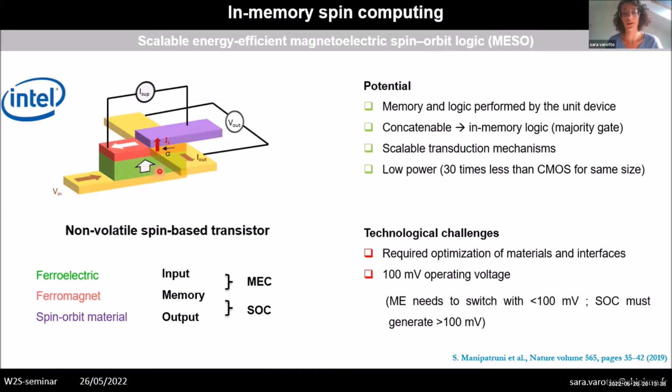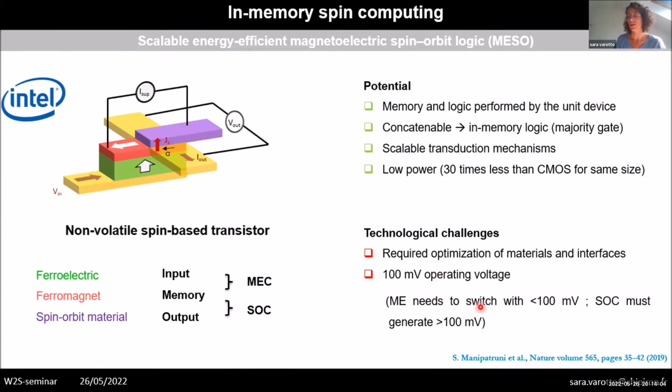It requires many layers, many interfaces, with different materials that have to be optimized. And in particular, for instance, the magnetoelectric coupling is quite critical, because in order to switch the magnetization by electric field, it requires quite a large electric field. And so this imposes some limits in the operating voltage.